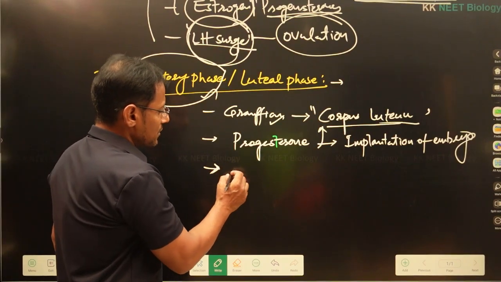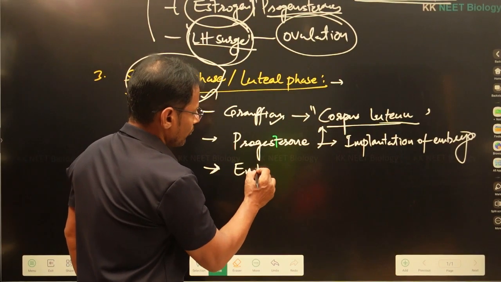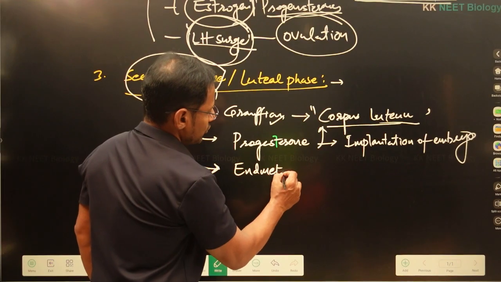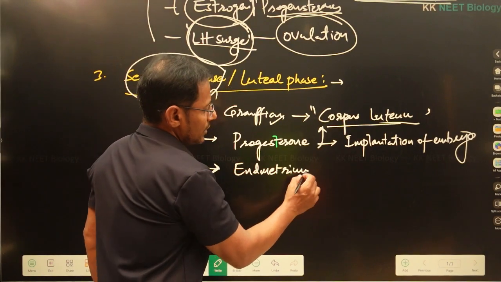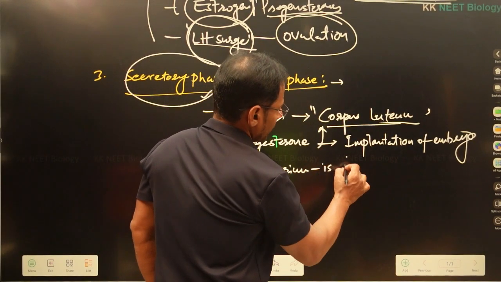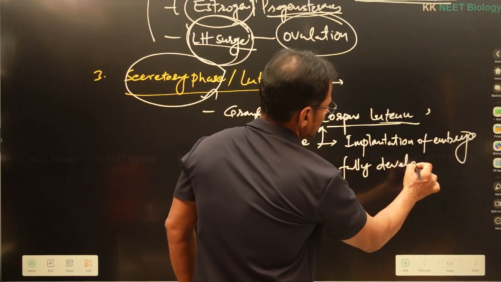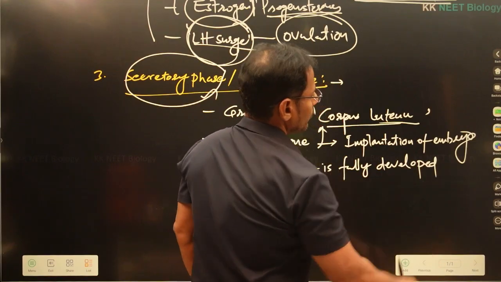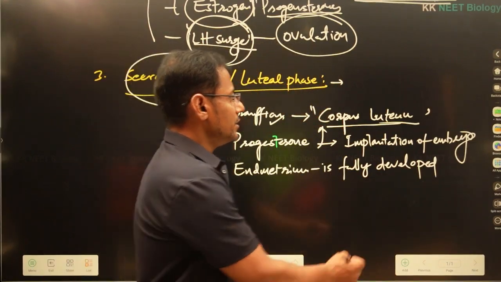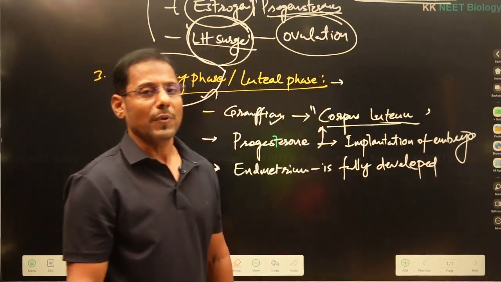And here what happens? The endometrium is fully developed to accommodate the upcoming embryo.